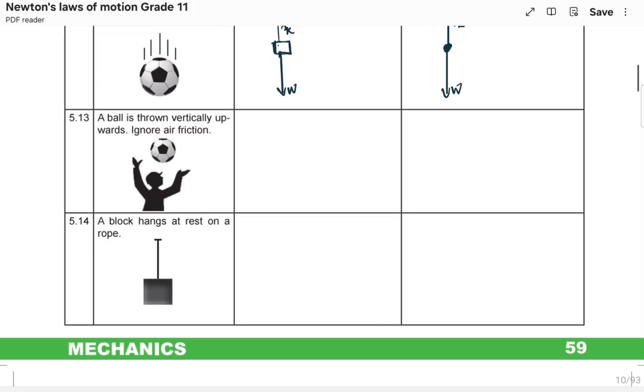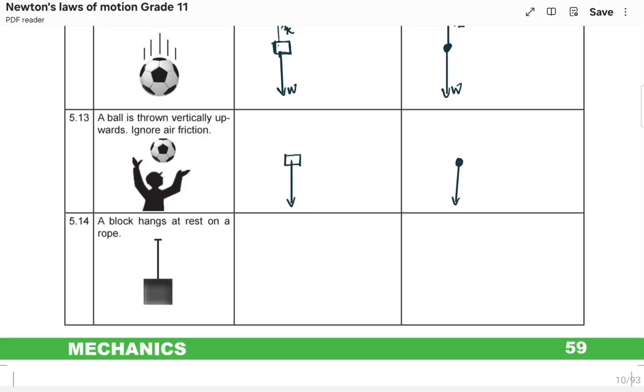A ball is thrown vertically upwards. Ignore air friction. This is a projectile. There is only one force acting, which is the gravitational force.